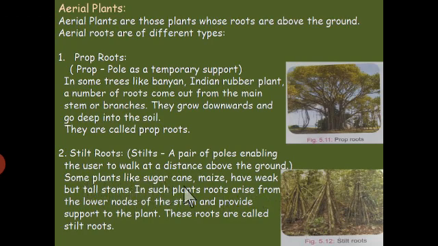Some plants like sugarcane and maize have weak but tall stems. In such plants, roots arise from the lower nodes of the stem and provide support to the plant. These roots are called stilt roots as they look like a pair of poles that enable the user to walk at a distance above the ground.